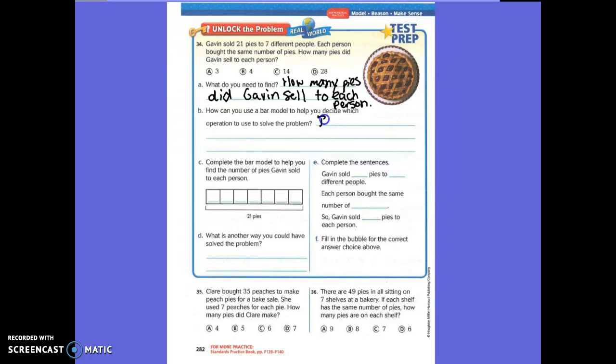So I will make a bar model with 7 squares showing 7 equal groups.